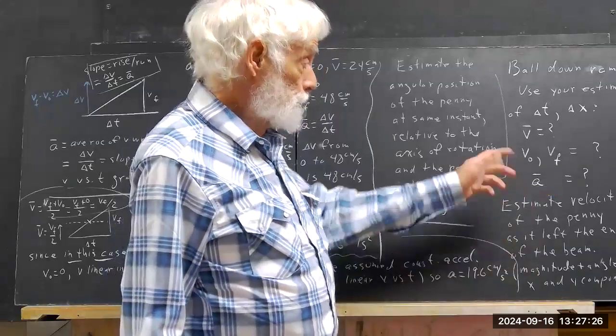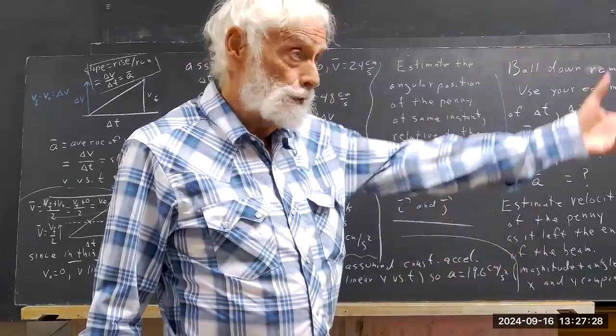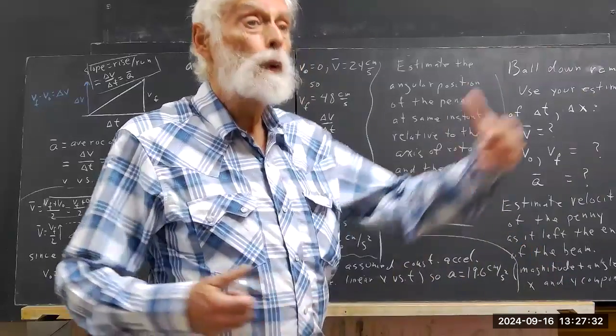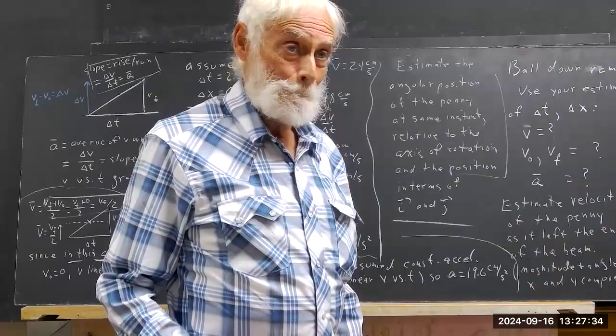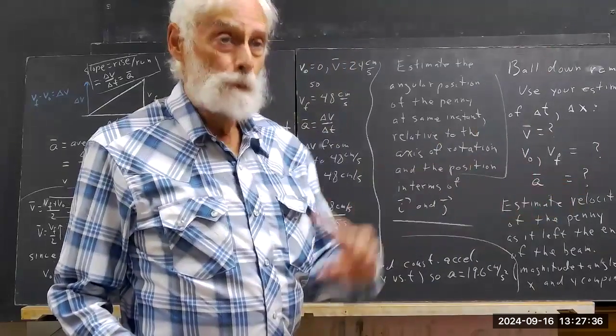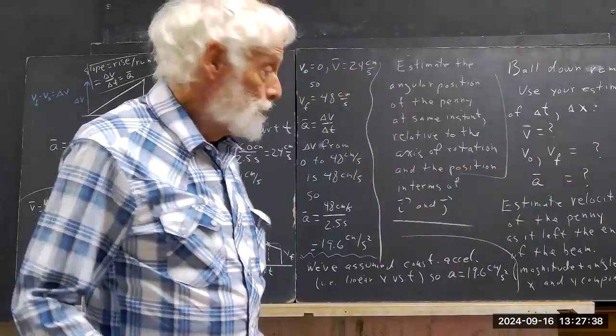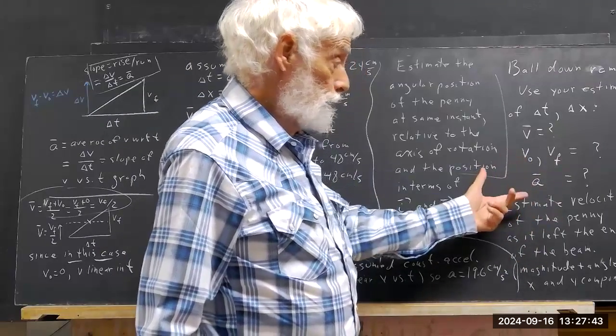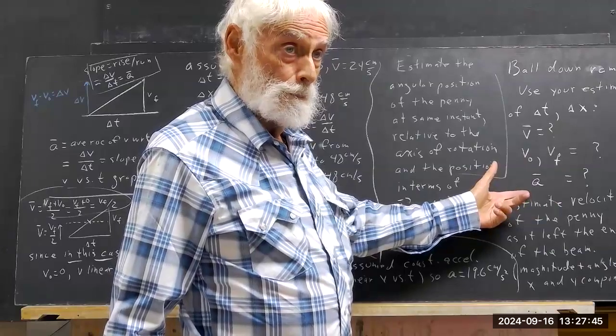I know I started from 0, so the final velocity has got to be twice the average, because what do you average with 0 to get a quantity? Twice that quantity, right? And then knowing that, you can get your delta V, and there's your A bar.